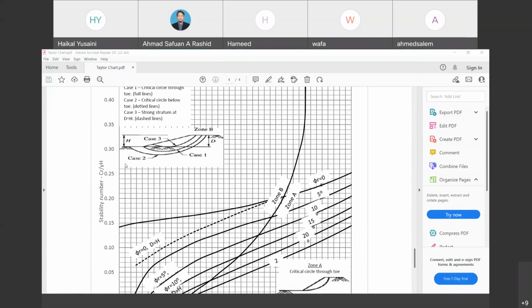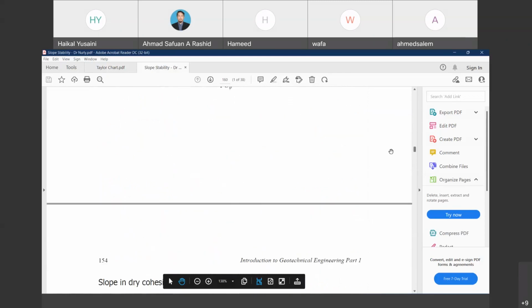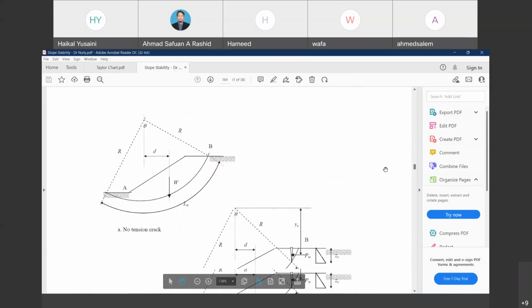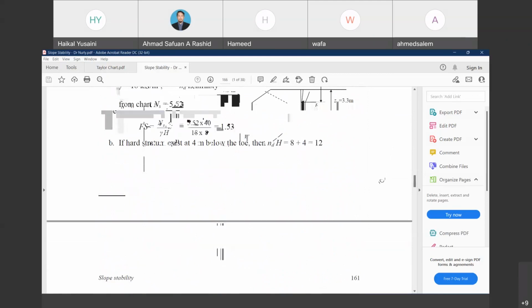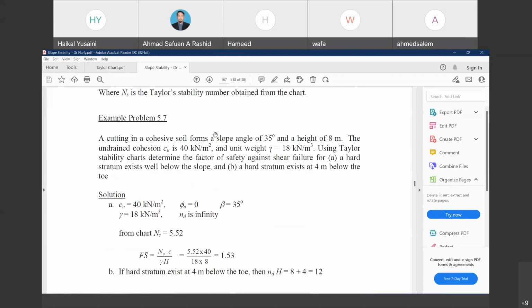Now we look at Dr. Noli's example. You can read the content later on. This example is by using the chart.